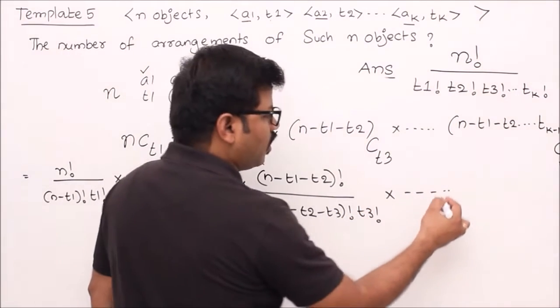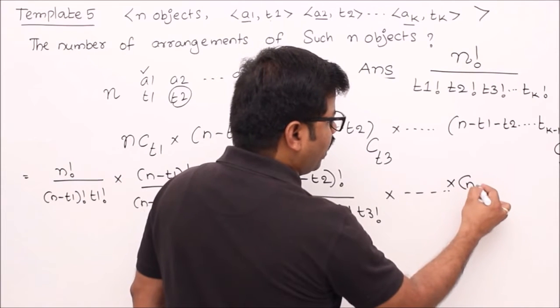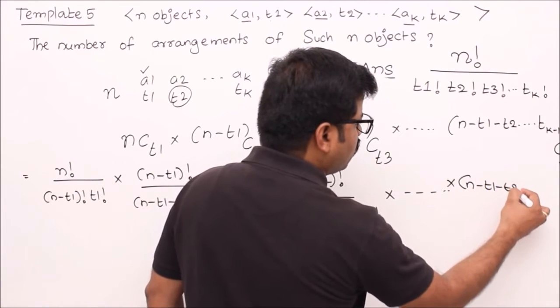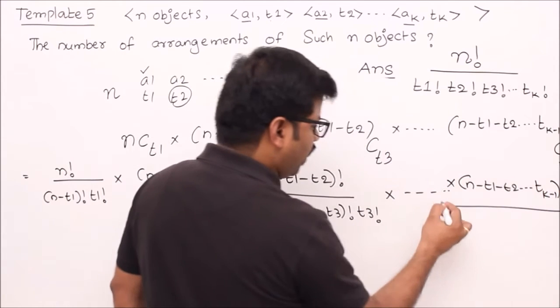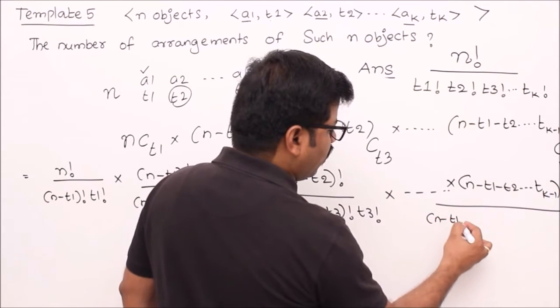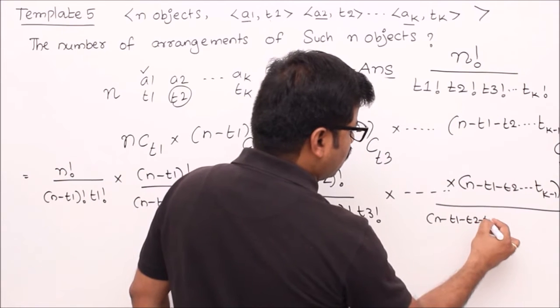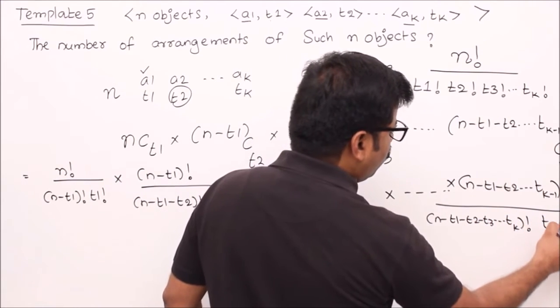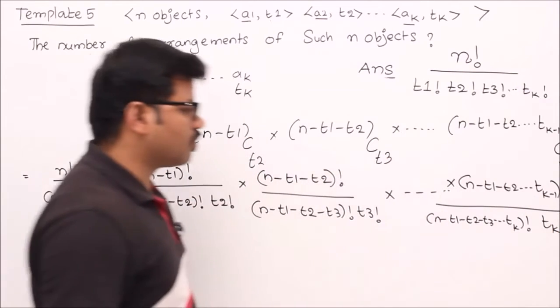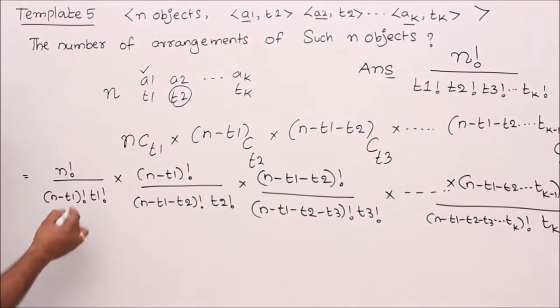So on, the last term will be (n minus t1 minus t2 so on tk minus 1) factorial by (n minus t1 minus t2 minus t3 so on tk) factorial into tk factorial. So if you simplify it, what happens?